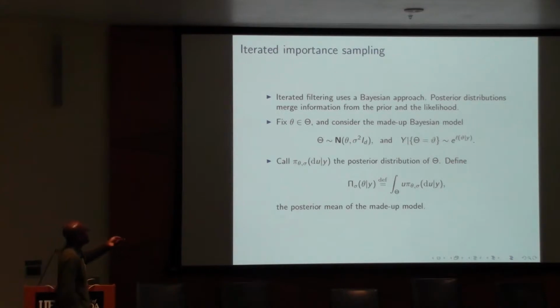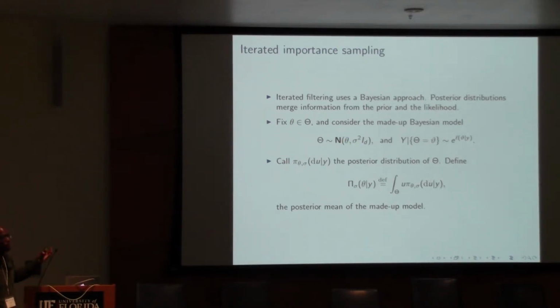So the idea is that at a given particular value of the parameter theta, you make up a Bayesian model. That Bayesian model will take a prior, and your prior is centered at this particular value of theta.